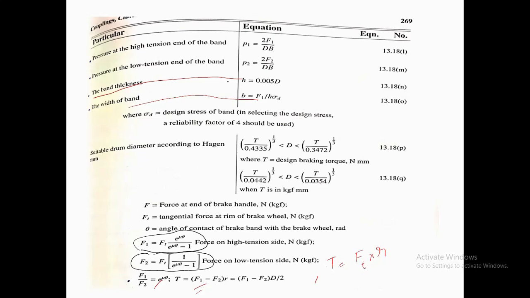The width of the band is B is equal to F1 by H sigma D. That is equation 13.184, where B is the width, sigma D is the design stress of the band, or the design intensity of pressure, and H is the band thickness.